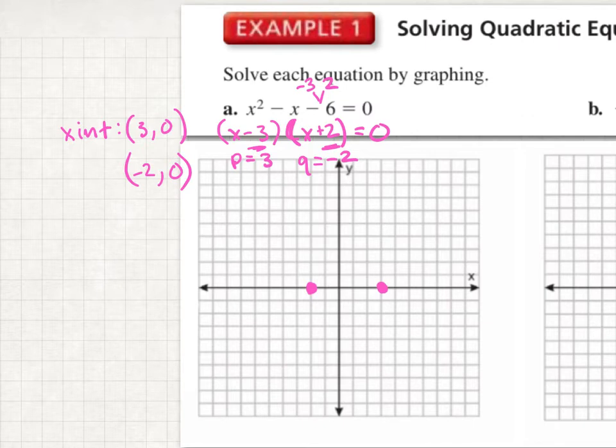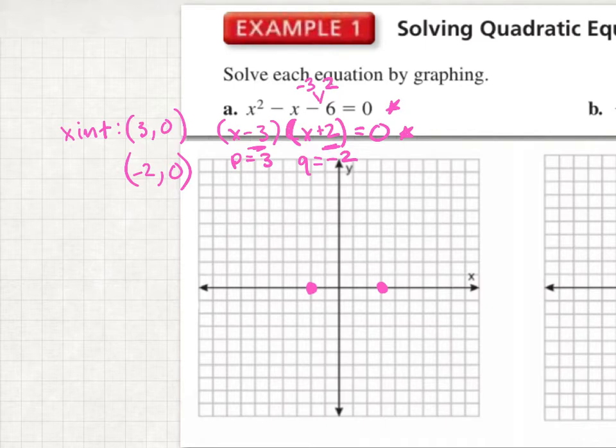How do we find our vertex here? We have an equation in standard form and we have an equation in intercept form. So we could use either one of those to help us find our vertex.